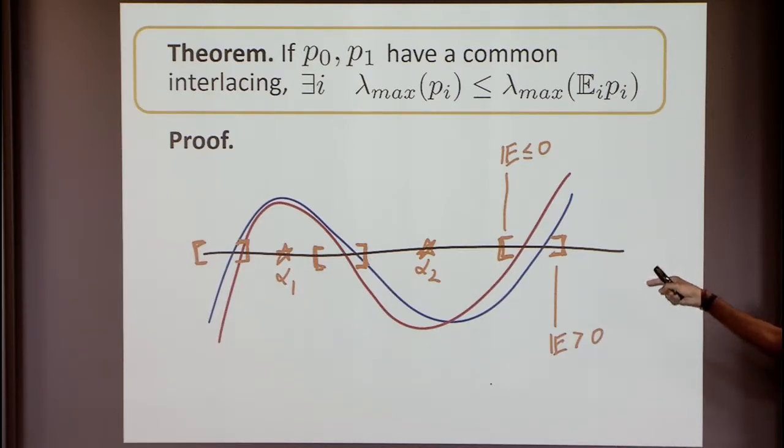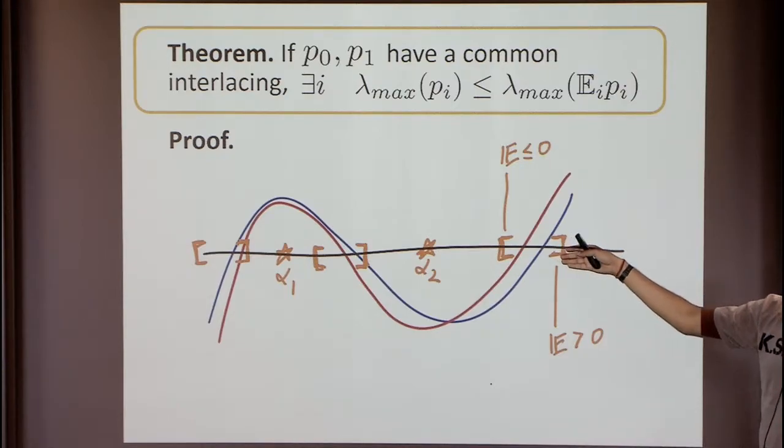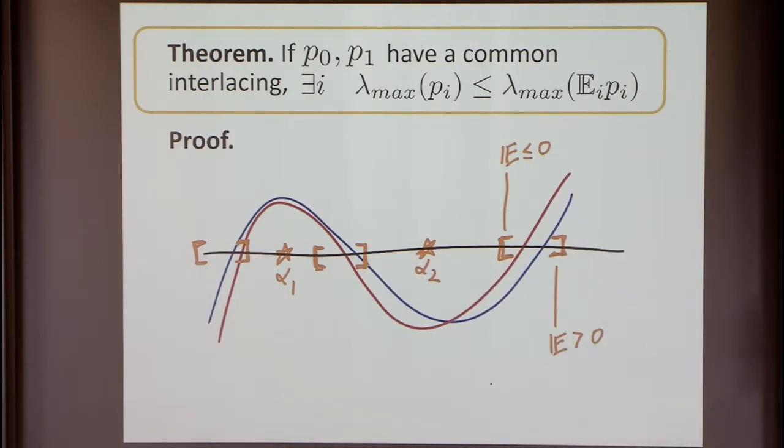However, I know that each polynomial has exactly one root inside this interval, so it changes sign exactly once inside this interval. What that means is at the beginning of the interval, each polynomial has to be non-positive because it changed sign, right? So in particular, any average of these two polynomials has to be positive to the right of the interval and negative at the beginning of the interval. Because it's a continuous function, it has to be 0 somewhere inside the interval, the expected polynomial.